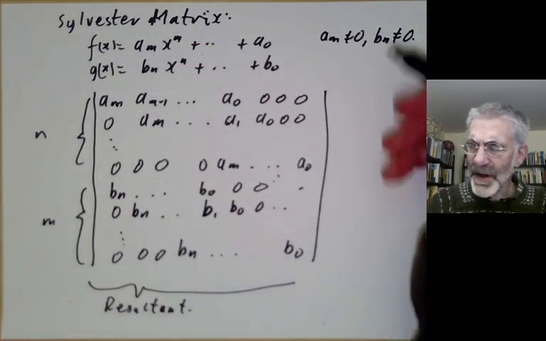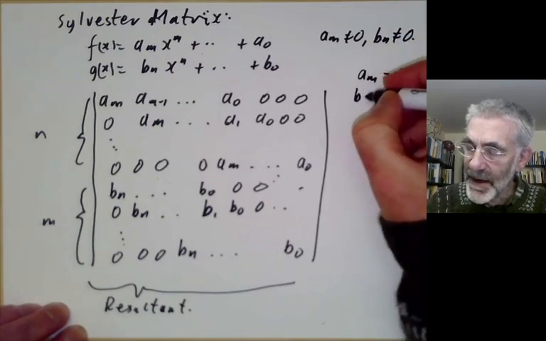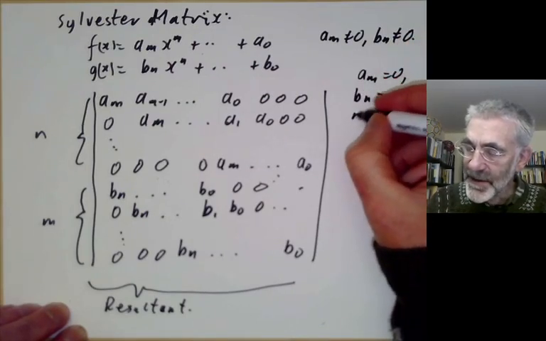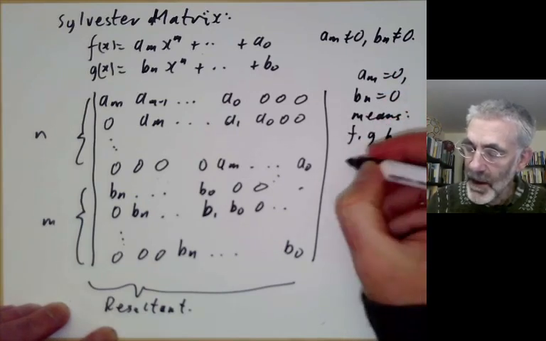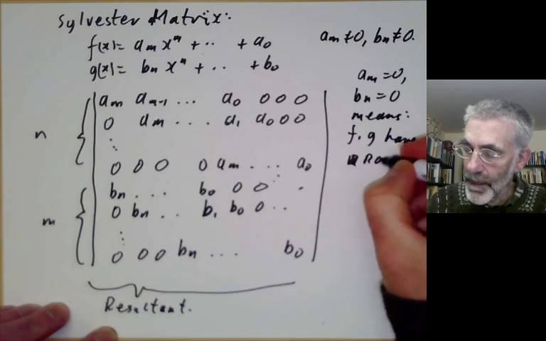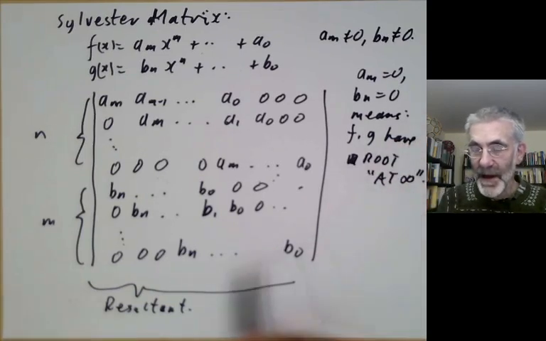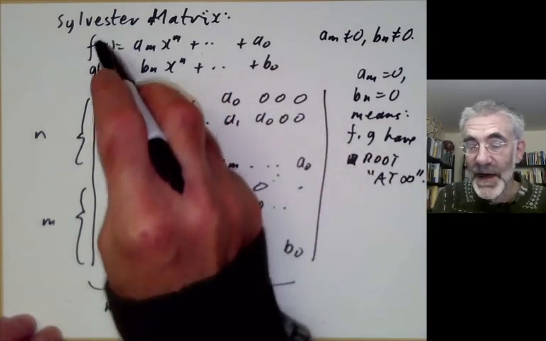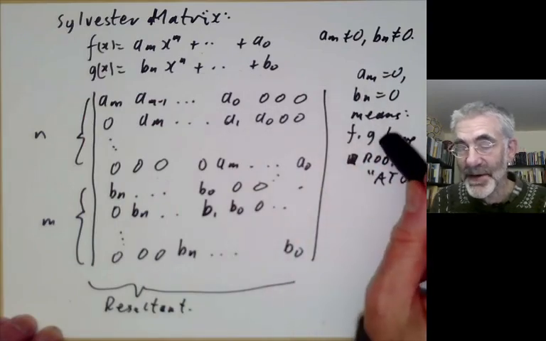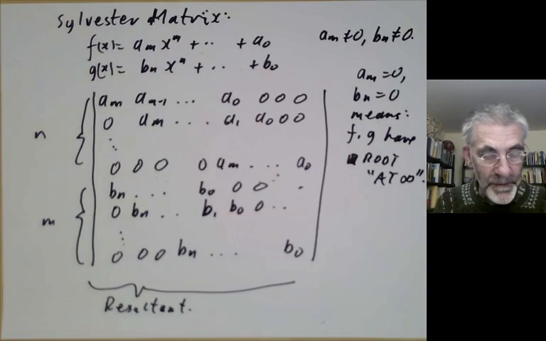So what you do is you say that a_m equals 0 or b_n equals 0 means that f or g has a root at infinity, whatever that means. And then you can say the determinant vanishes exactly when f and g have a common root, except this root might be at infinity, meaning a_m and b_n both vanish.